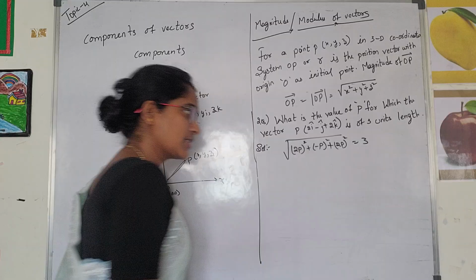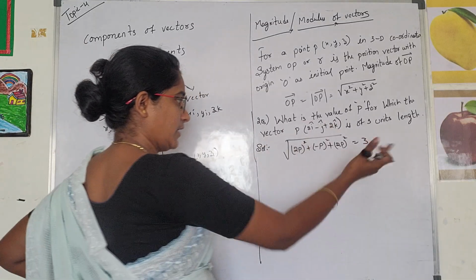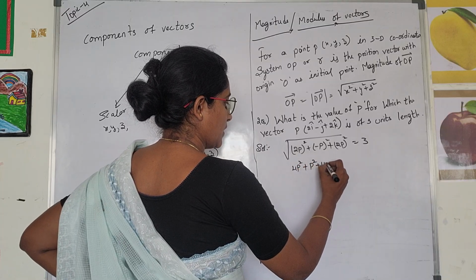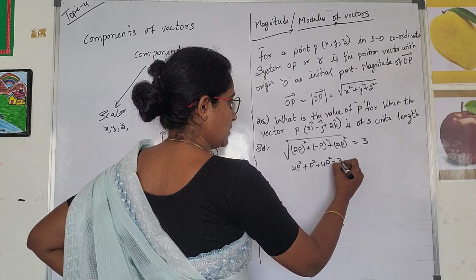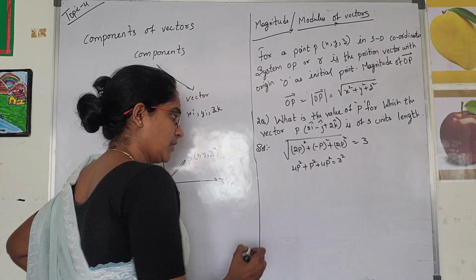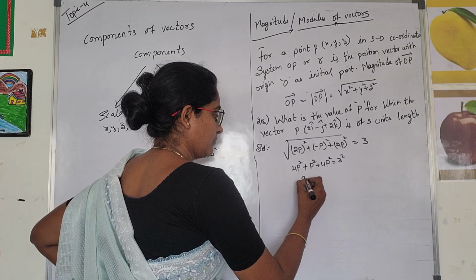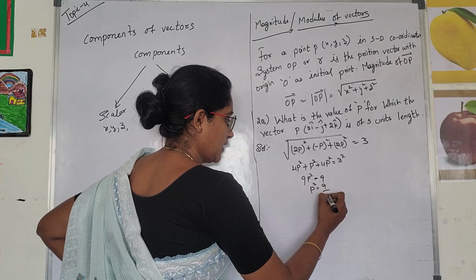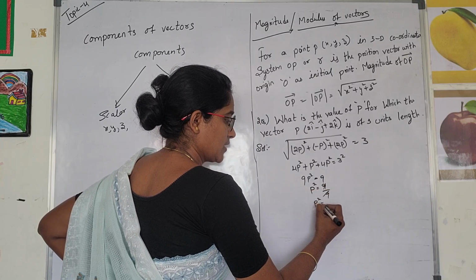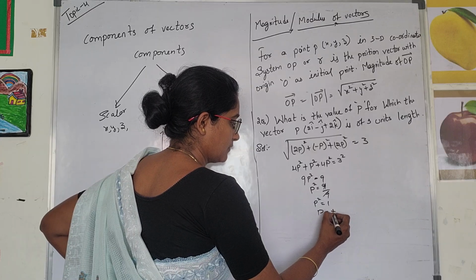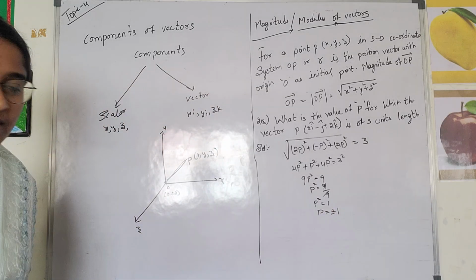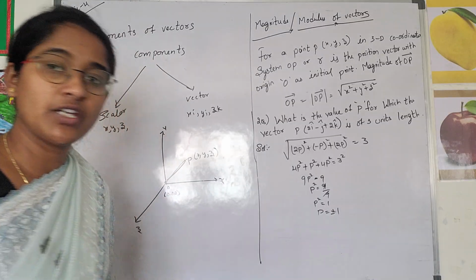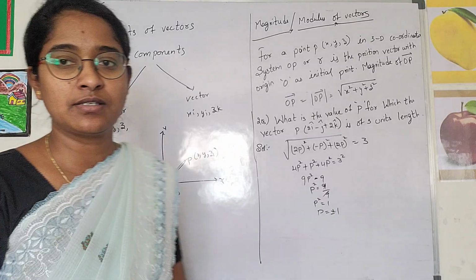Squaring both sides, 4p square plus p square plus 4p square is equal to 3 square, which is 9. So 9p square is equal to 9, so p square is 1, and p is plus or minus 1. That's your answer. Did you understand what magnitude is? If they give the unit length, you should be able to find it like this.